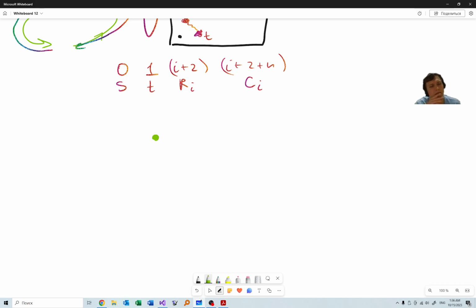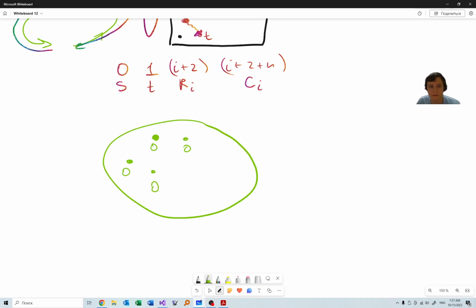Actually, I think we will need. So let's say that all vertices in the beginning are reachable. They are all zeros. Yeah, let's assume that there are no negative cycles.